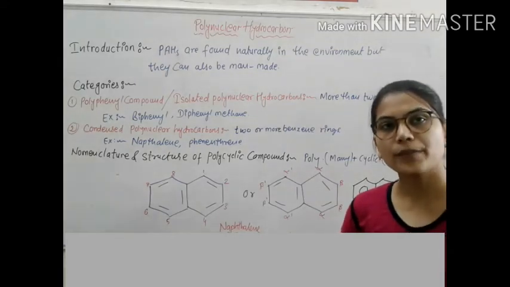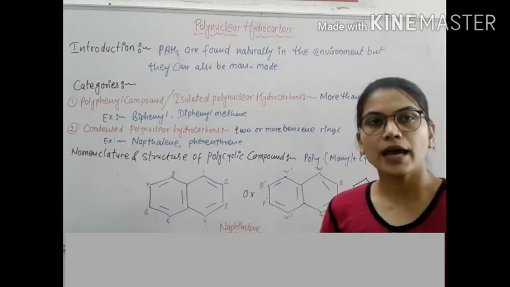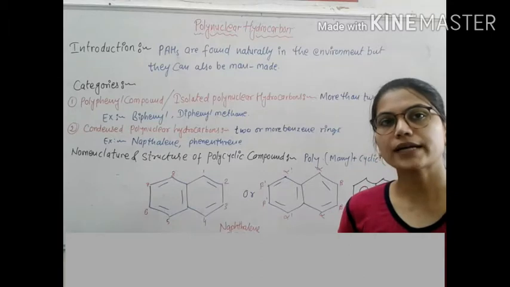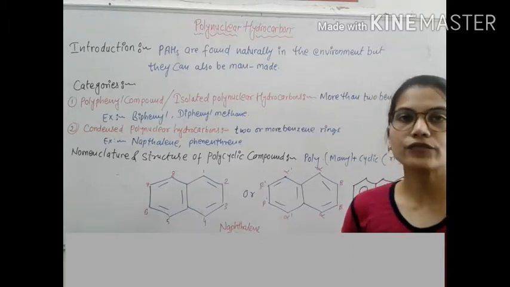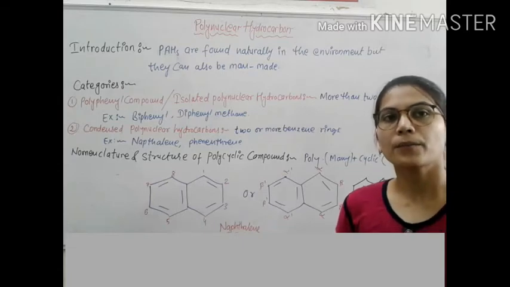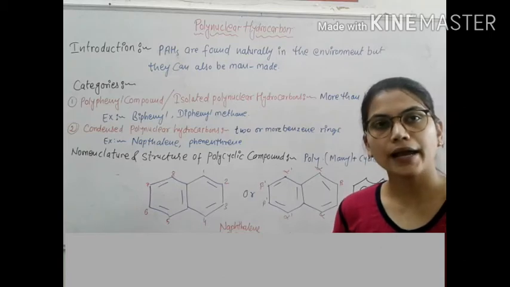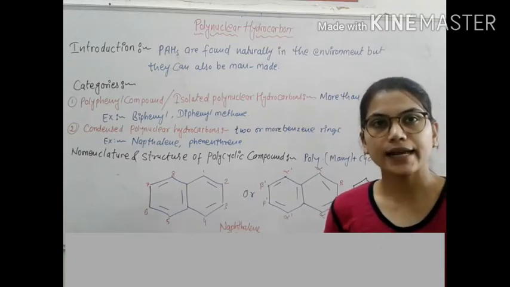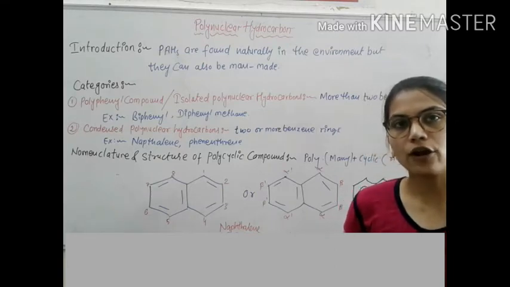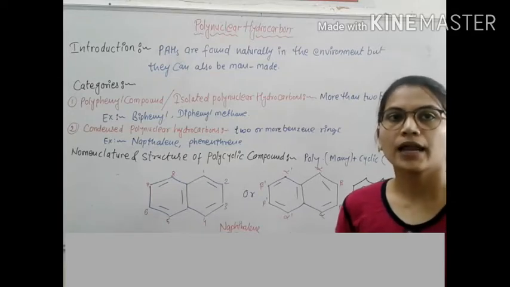These aromatic rings can be fused in linear or angular fusion. Polycyclic compounds containing up to 6 fused aromatic rings are often known as small PAH, polycyclic aromatic hydrocarbon, and those containing more than 6 aromatic rings are called large polycyclic aromatic hydrocarbon.